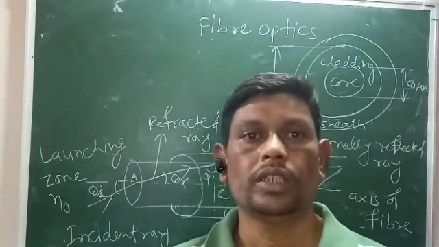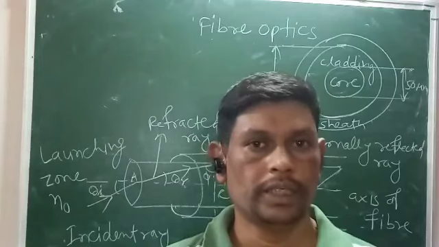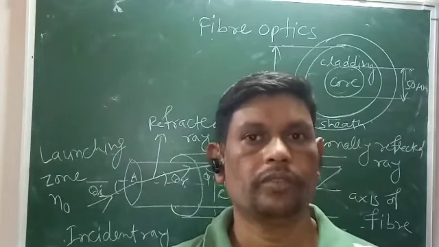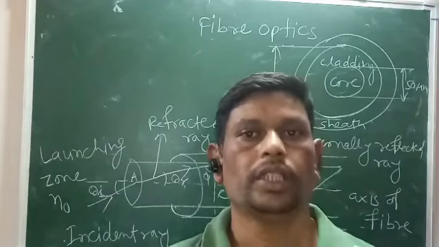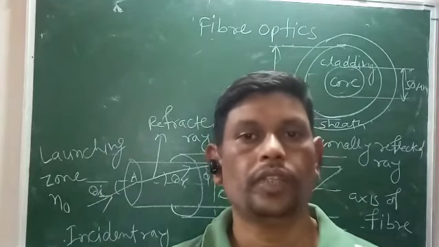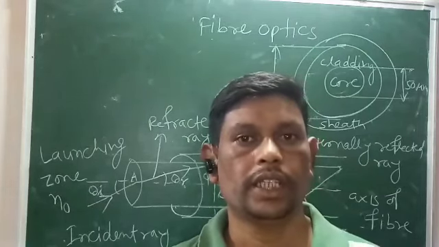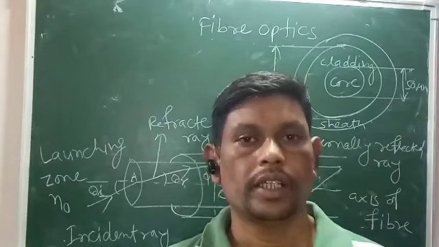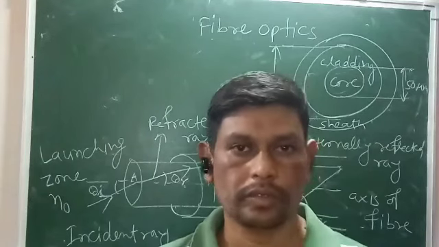So we can see that fiber optics is mostly used in the communication system, but not only there: in the field of medical, defense, and semiconductor devices, fiber optics can also be used.